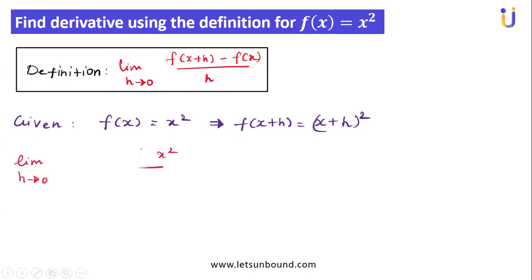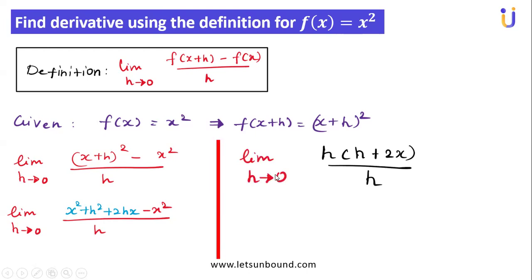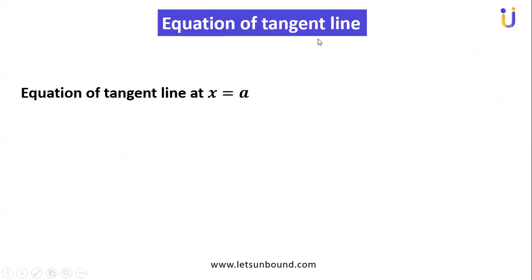Then you just plug in the expressions. We did that and expand this and simplify it. So h will get cancelled and limit h tends to 0. The simplified expression is this. Now you plug in h is 0 and you will get 2x. So you see f of x is x squared and f dash of x is 2x. This is using definition of derivatives.